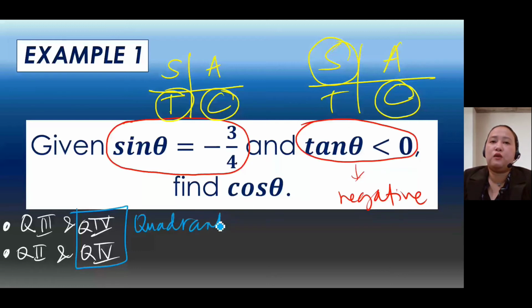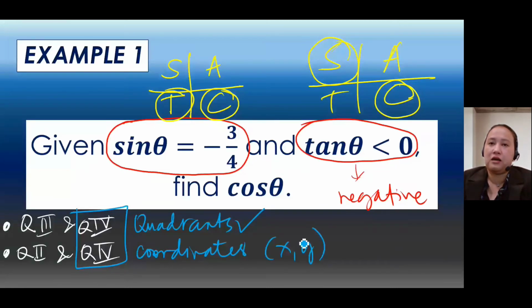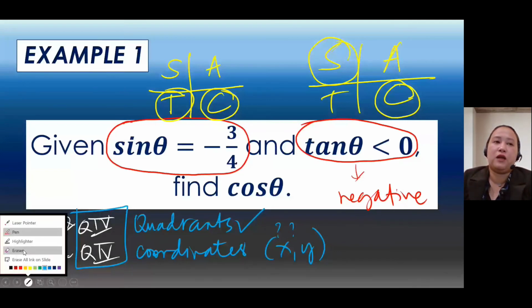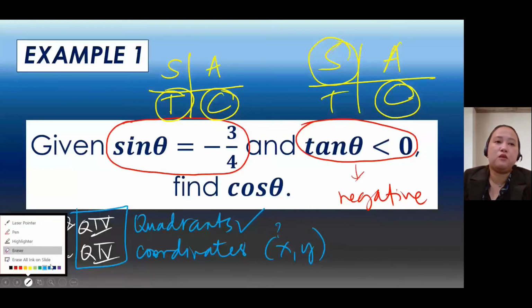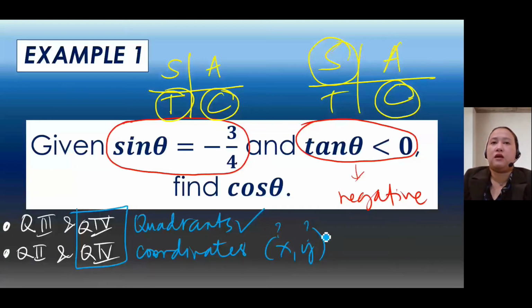The next thing we need to determine are the coordinates, the x and y. Then after that, we also need to solve for r. So coordinates, followed by r.